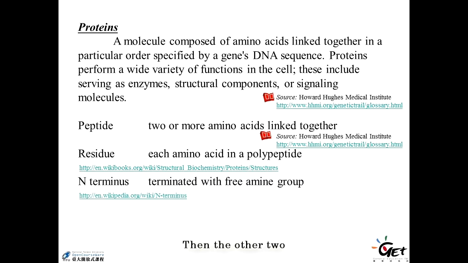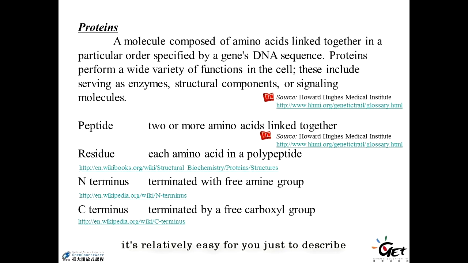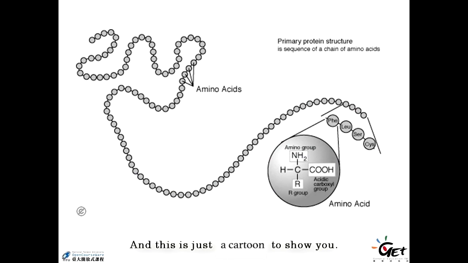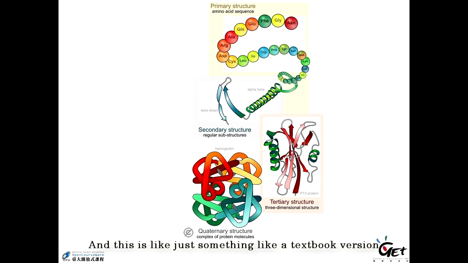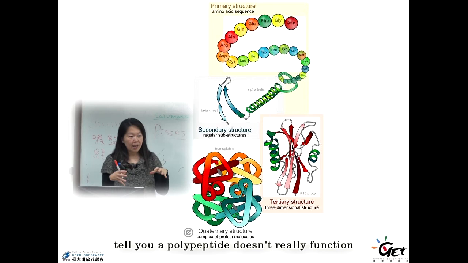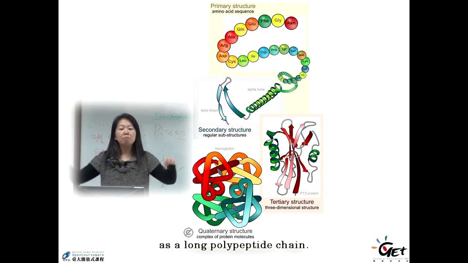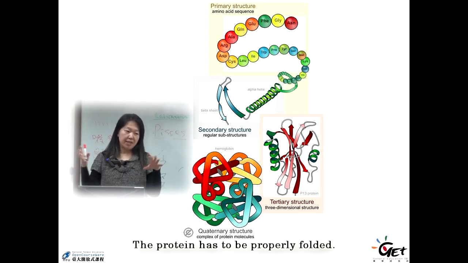The other two terms are relatively easy: you just describe it as the N terminus of the polypeptide or the C terminus of the polypeptide. This cartoon is probably very easy for you to recognize, and reminds you about a polypeptide. This textbook version tells you a polypeptide doesn't really function as a long chain. The protein has to be properly folded.